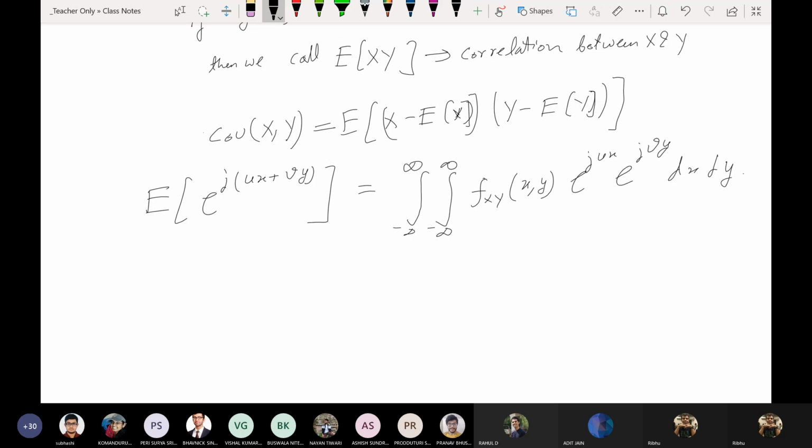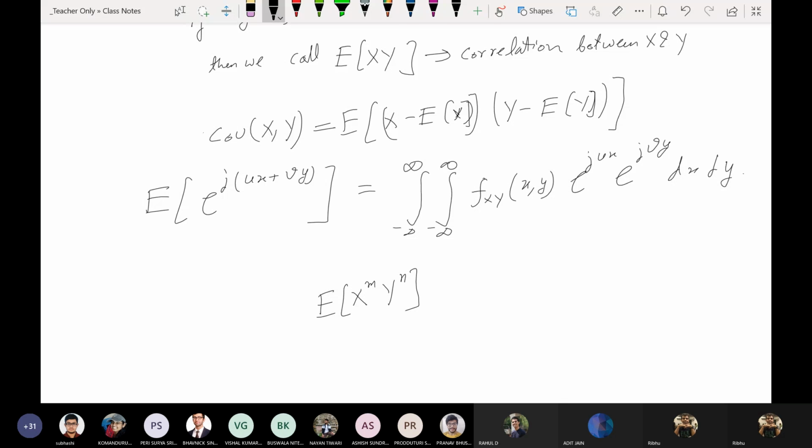You can write these e to the power ux and vy as their respective series, or you can get the Taylor series expansions of these ux and vy terms and then do similar jugglery that we did for the single variable case and differentiate accordingly, and you will get a beast that you can use to generate the expectation of x^m y^n.